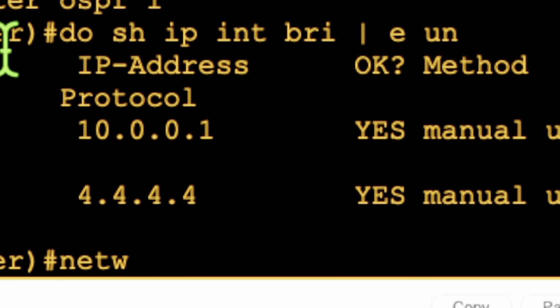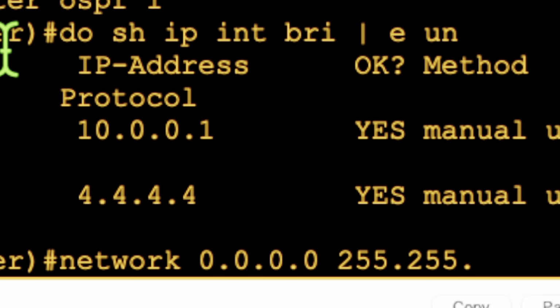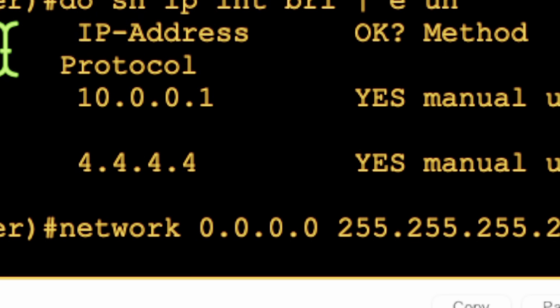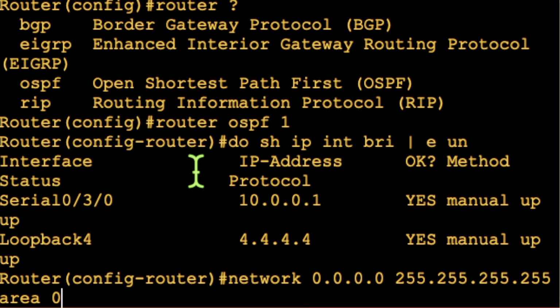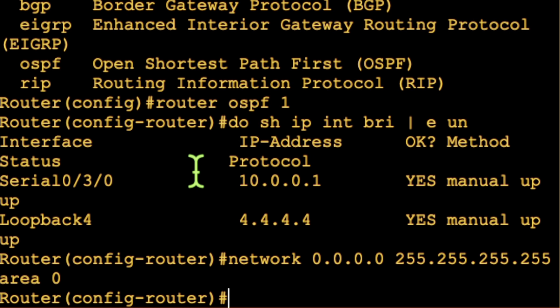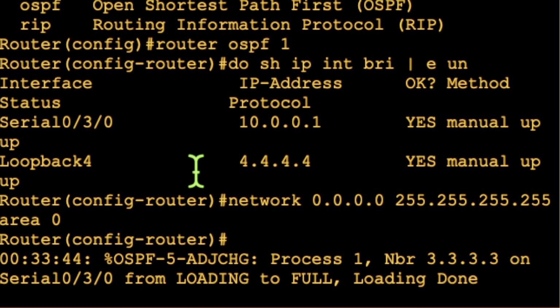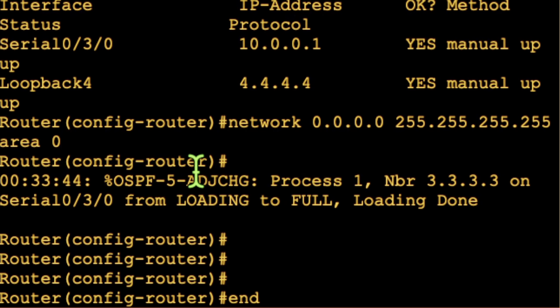If you go network 0.0.0.0 255.255.255.255 area 0, this command tells your router that any interface that has an IP address, you tell anybody else that's speaking OSPF that you know how to get to that network. Boom. So now we should see, in a matter of seconds, we went from loading to full, and we have a full neighbor adjacency right here.